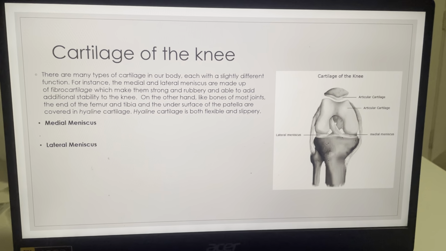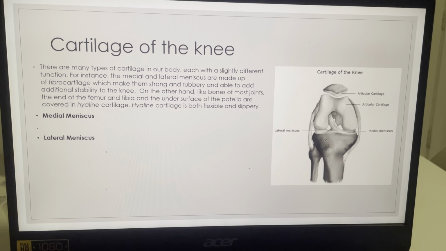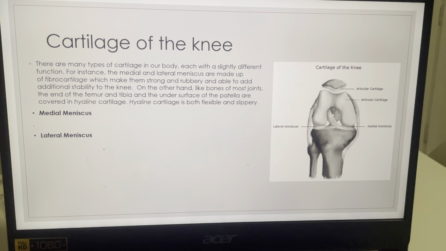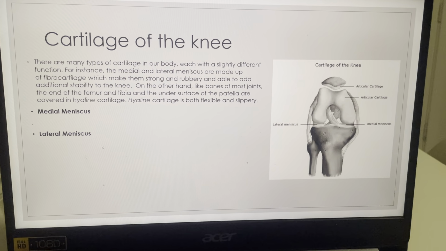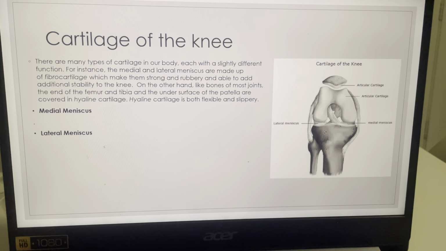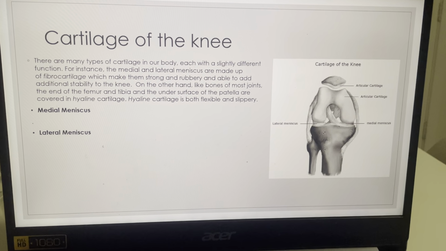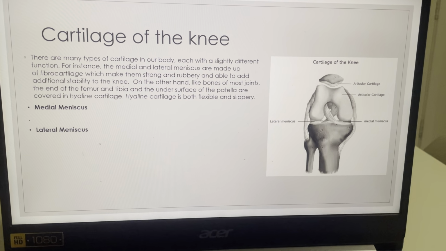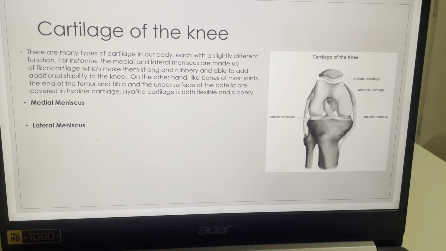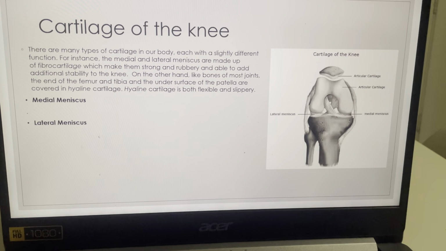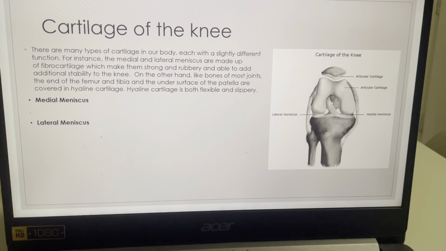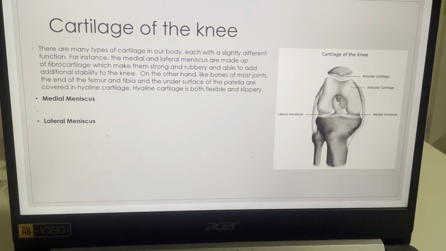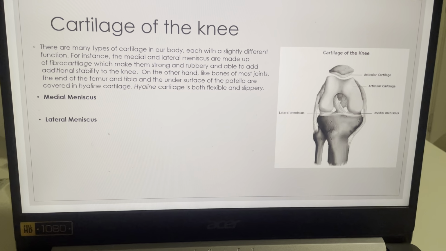Cartilage of the knee. There are many types of cartilage in our body, each with a slightly different function. For instance, the medial and lateral meniscus are made up of fibrocartilage, which makes them strong and rubbery and able to add additional stability to the knee. On the other hand, like the bones of most joints, the end of the femur and tibia and the undersurface of the patella are covered in hyaline cartilage.